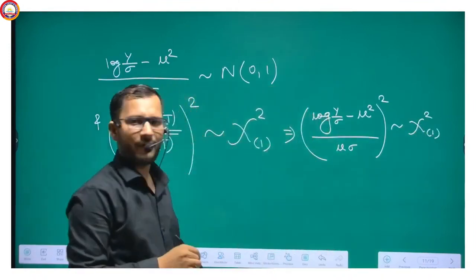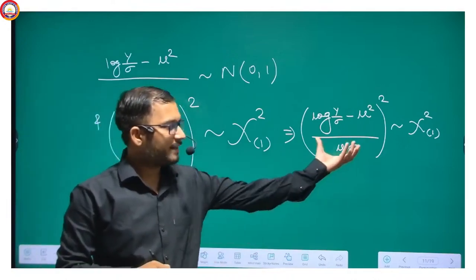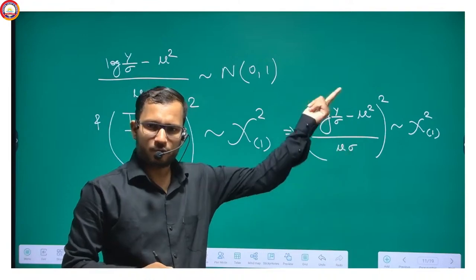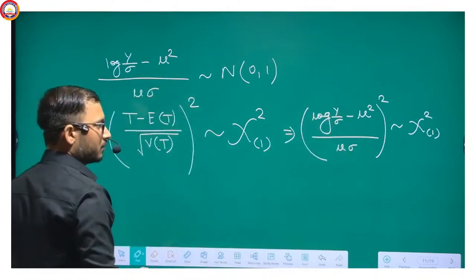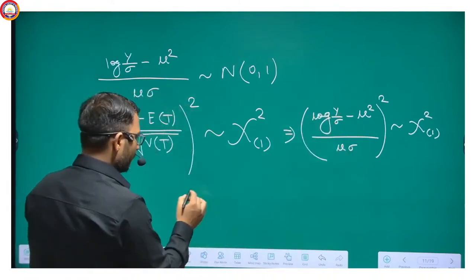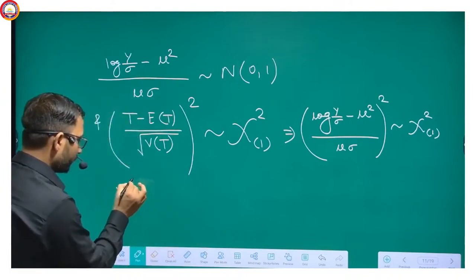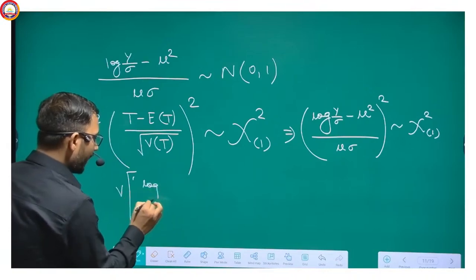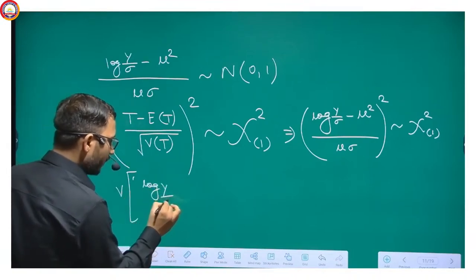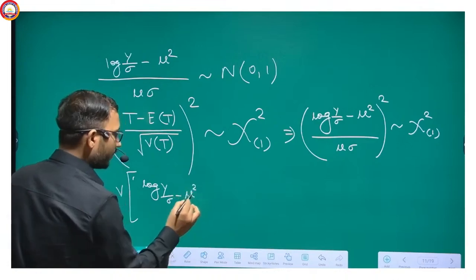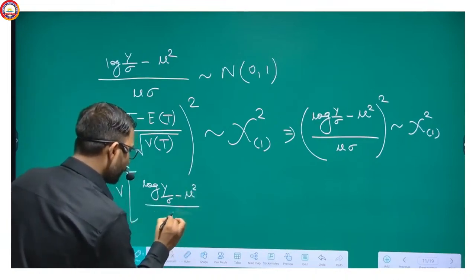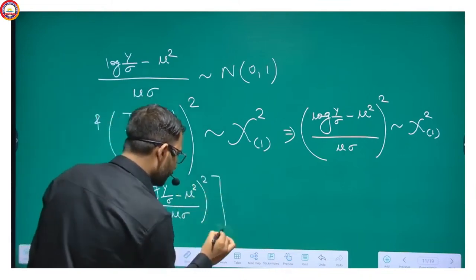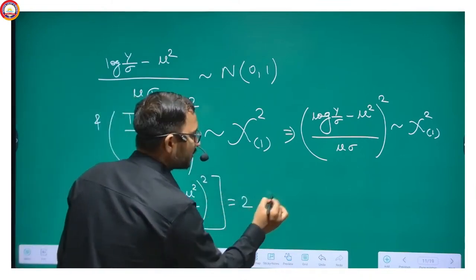So let me find the variance of this, because this is just the constant, na? So we will find the variance of it first. So let me find it. Variance of log y upon sigma minus mu square upon mu sigma square, this will be equal to 2, because it is 2n.